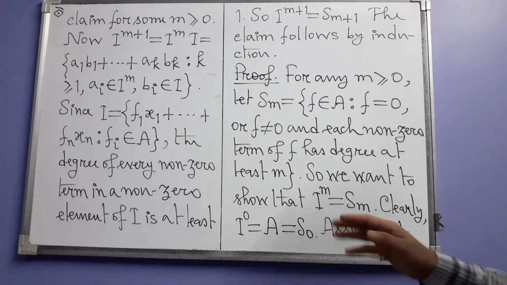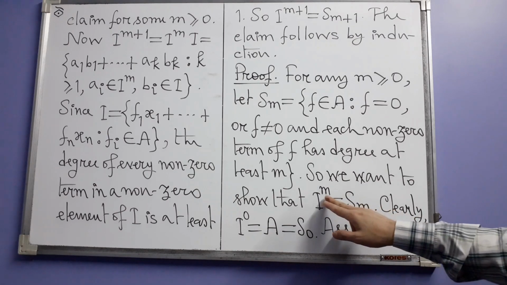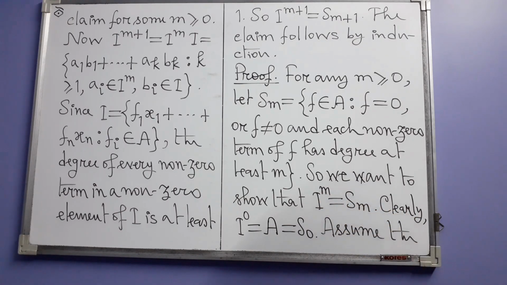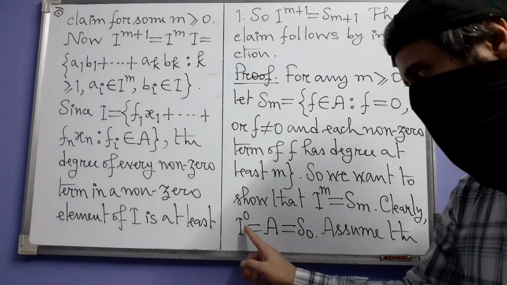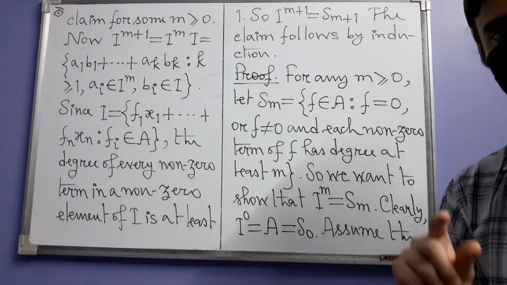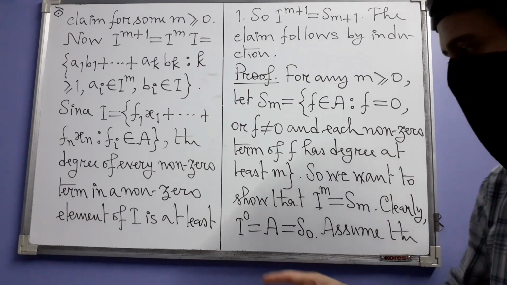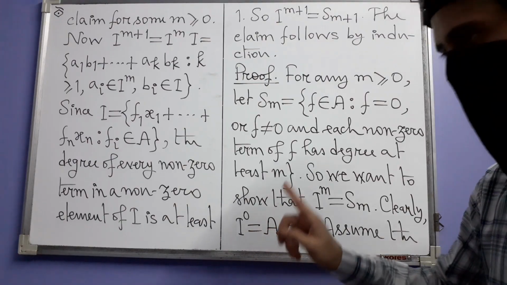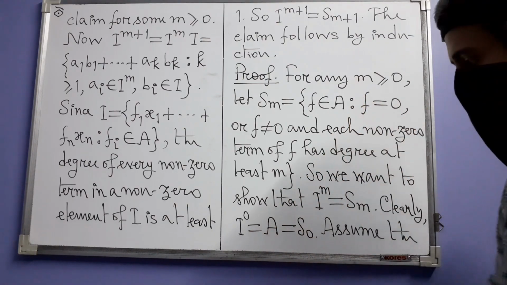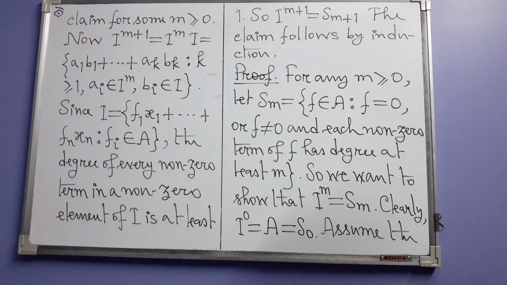And we are going to use induction to prove this. Let us first note what happens when m is equal to 0. You may remember that we have defined the 0th power of any ideal in a ring to be the entire ring itself. So that is a definition. So the fact that this is equal to A comes from the definition. However, it is also equal to S0.